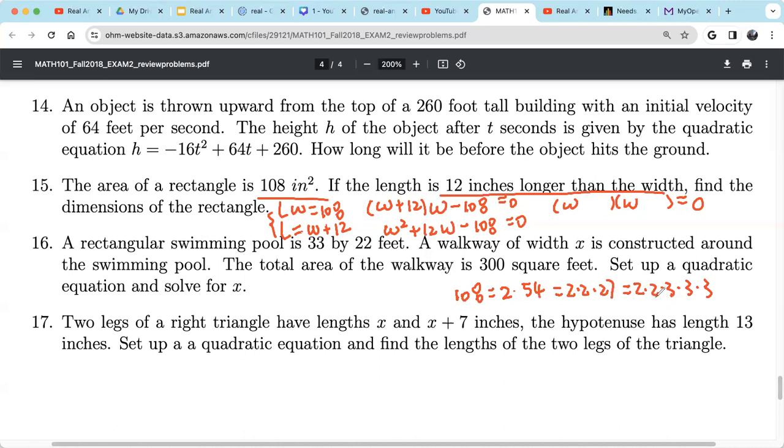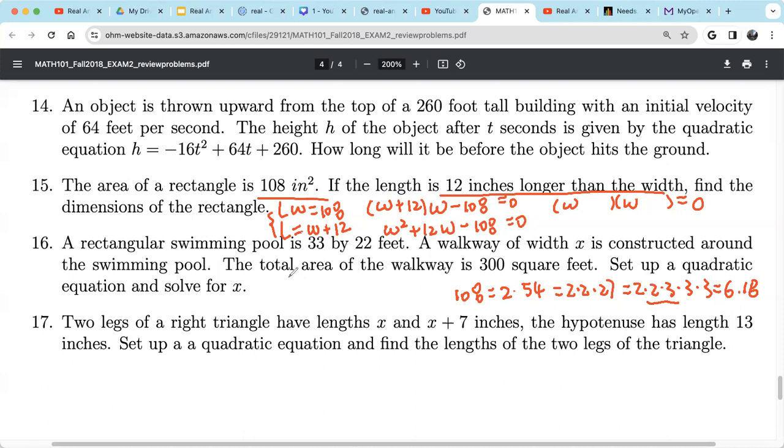If we do 2 times 3, 6. Then 3 times 3, 9. 9 times 2, 18. The difference of 18 and 6 indeed is 12.